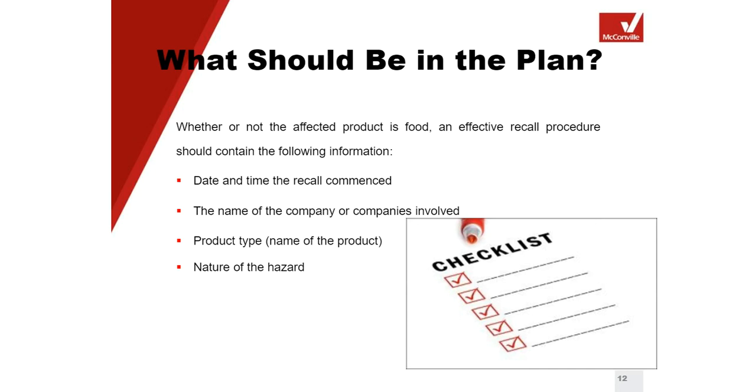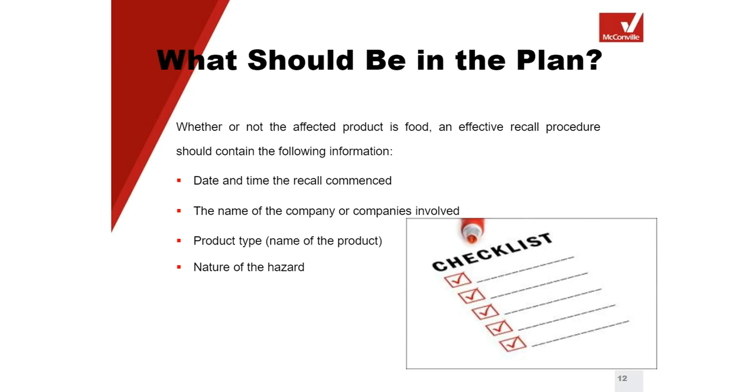Also, distribution, I've spoken about that as well, but whether it's local, international or interstate, you need to make sure that you have the network in place, and this again needs to be clearly articulated in your procedure to be able to recall that product either locally, interstate or internationally. And the proposed action, the action that we're going to take, and then how is that product going to be disposed of.